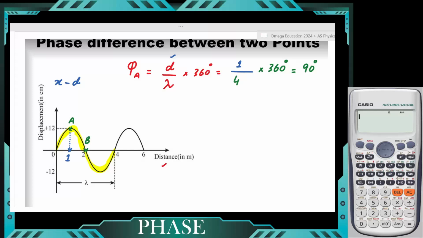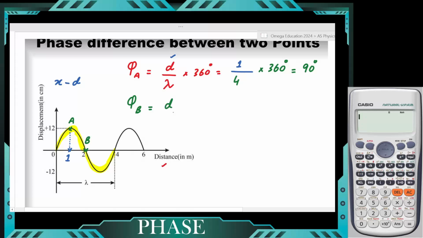And if you are slightly more perceptive, you could have told straight away that the phase of the particle A is 90 degrees because it's exactly in the middle of 0 and 180.